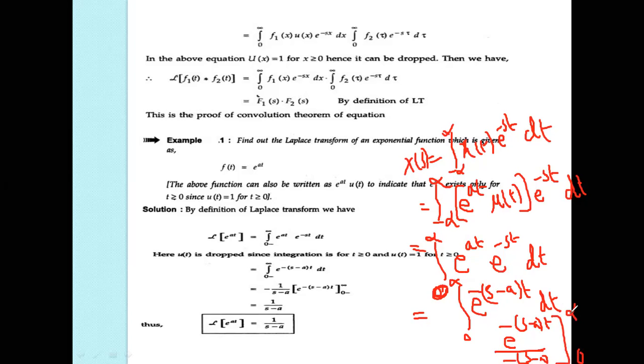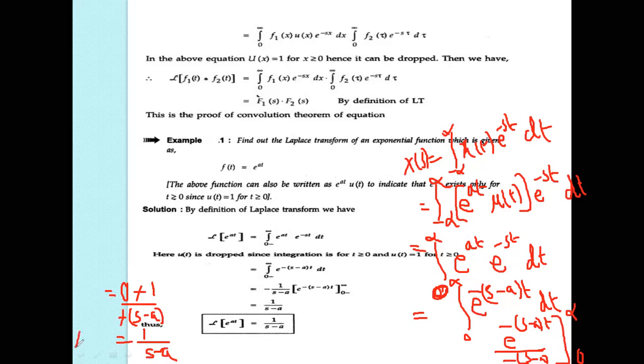When I substitute the upper limit infinity, it becomes 0. Minus the lower limit 0, where t is 0 and the exponential is 1, whole divided by minus of s minus a. The minus and minus get cancelled, becoming 1 by s minus a.